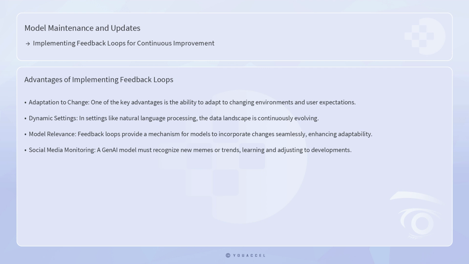Feedback loops provide a mechanism for models to incorporate these changes seamlessly, thereby enhancing their adaptability and resilience. For example, a GenAI model used in social media monitoring must be able to recognize and interpret new memes or trends as they arise. The introduction of feedback loops enables the model to iteratively learn and adjust to these developments, ensuring its ongoing utility and effectiveness.